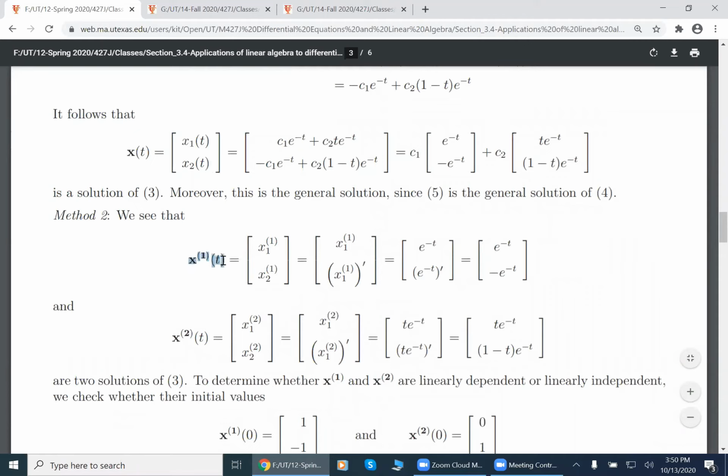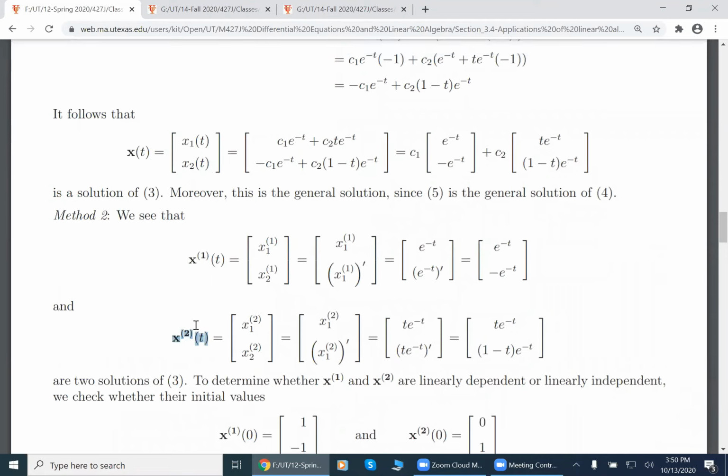We find two particular solutions of our system. Note that this is boldface X, this is boldface X. These are particular solutions of our system separately. So boldface x1 is x1,1, x2,1.